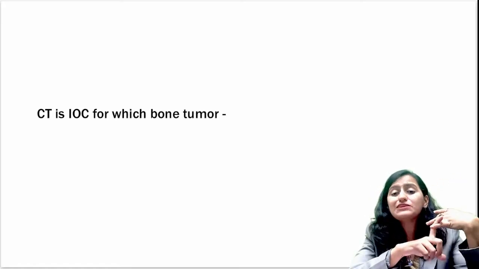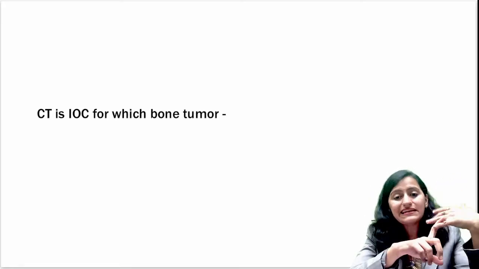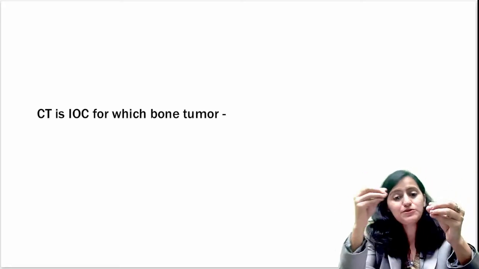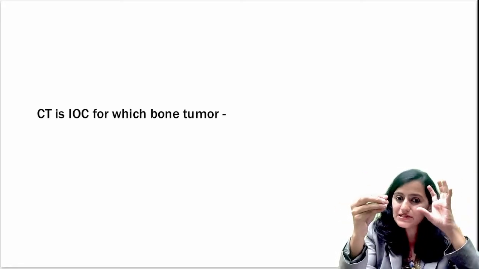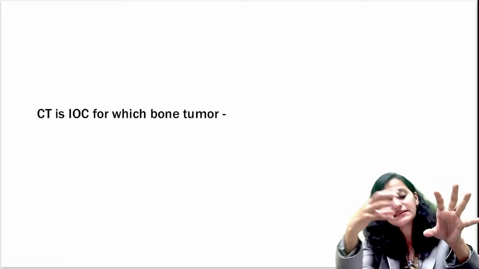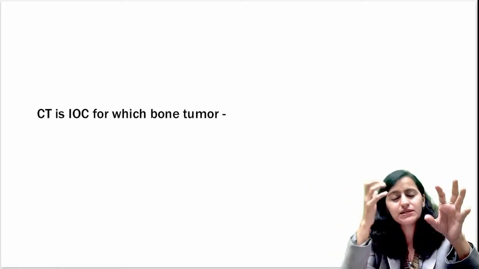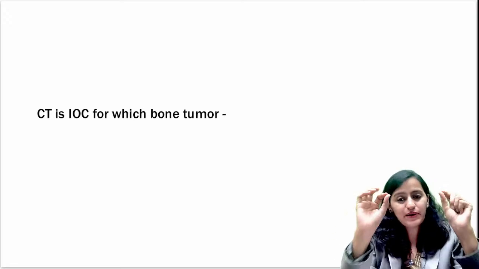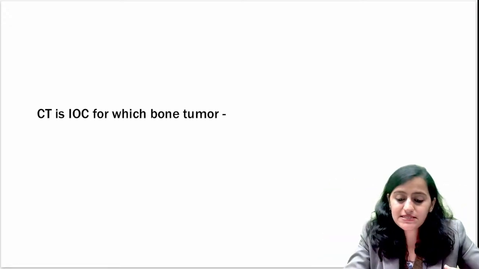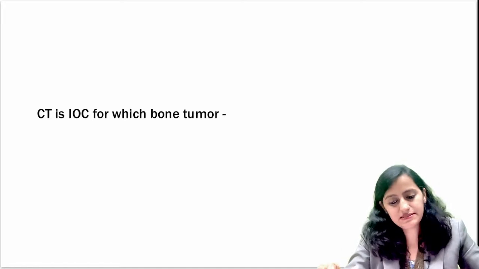On T2 weighted, the fat is appearing white, the edema is appearing white. So you are not able to differentiate this is marrow fat white or edema white. So what you do is you make the marrow fat black by suppressing the fat in the STIR sequence, and that is how the edema will stand out. Right, I hope this is clear. So whenever you want to pick up this bone marrow edema, you will do a STIR sequence.